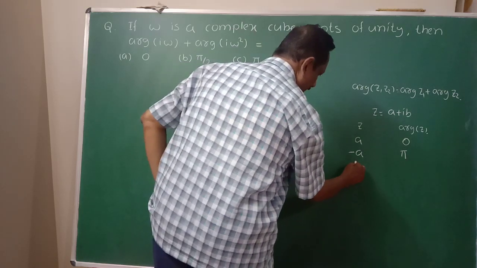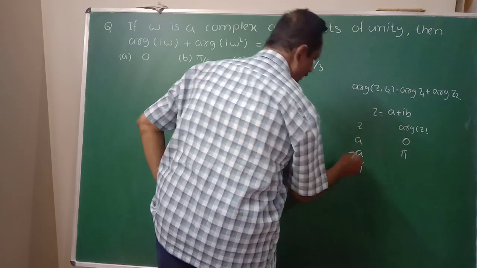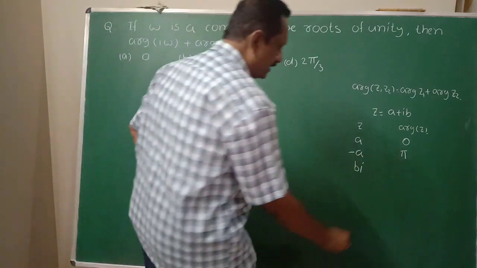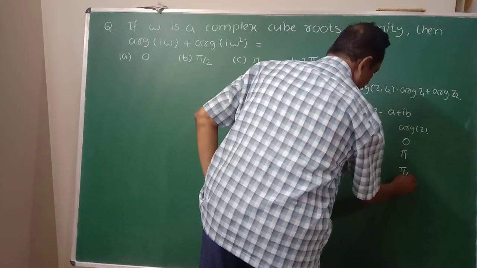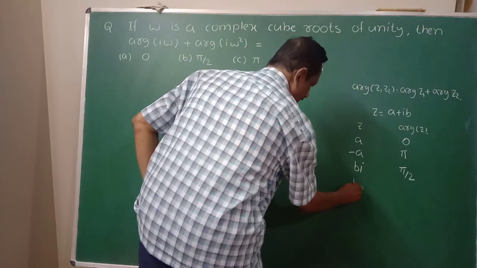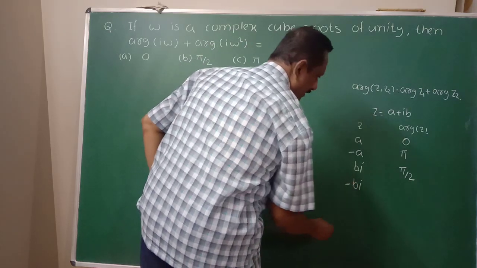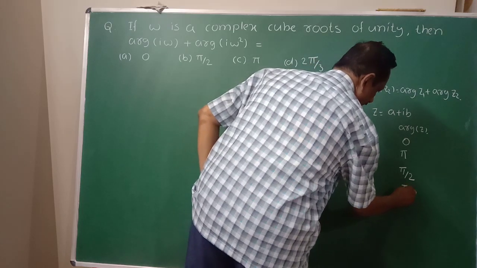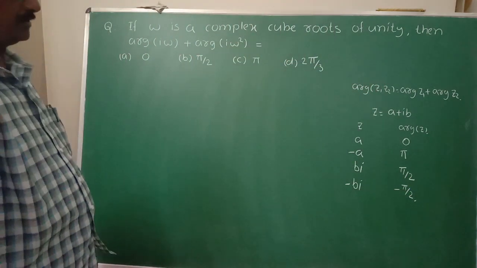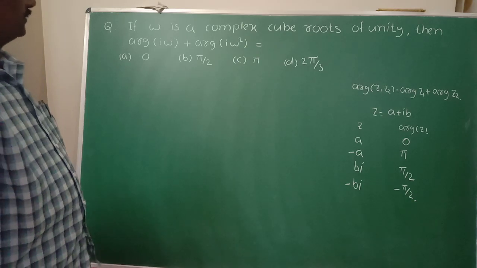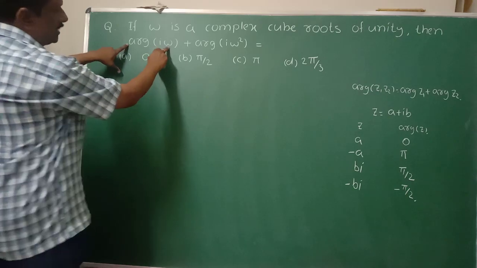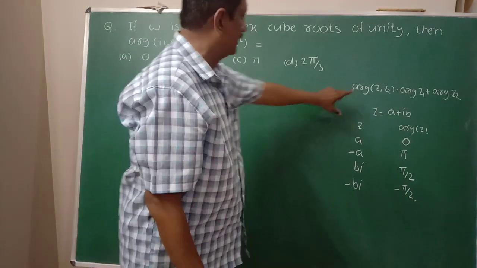If it is bi or ai, in that case it is pi by 2. Argument is pi by 2. If it is minus b into i, then minus pi divided by 2. Therefore, here in this case, argument of i omega, I am using this formula.